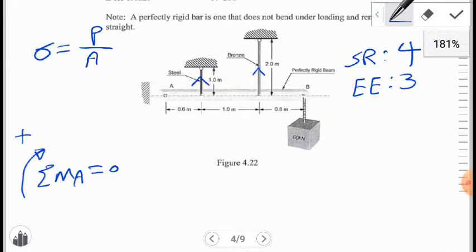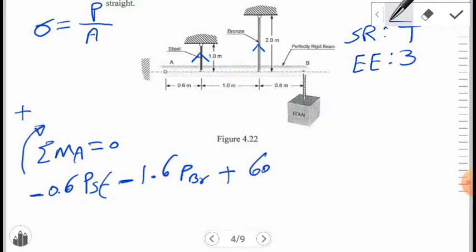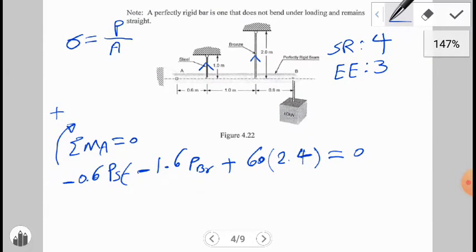That's why we can write here sigma M is equal to 0. If we take a moment around A, we can write, for example, minus 0.6 this arm times P steel, minus 1.6 times P bronze, plus 60 times this weight arm 2.4 is equal to 0.